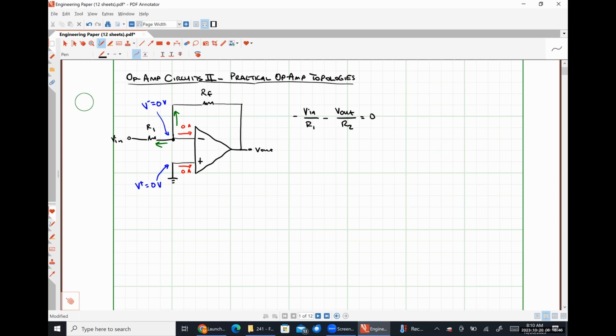And now I'm going to do simple algebra here. And in doing so, I could find that the output voltage of this op-amp circuit, V out, is equal to, sorry, I put R2 and I meant to put RF, my apologies, negative RF divided by R1 times Vn.